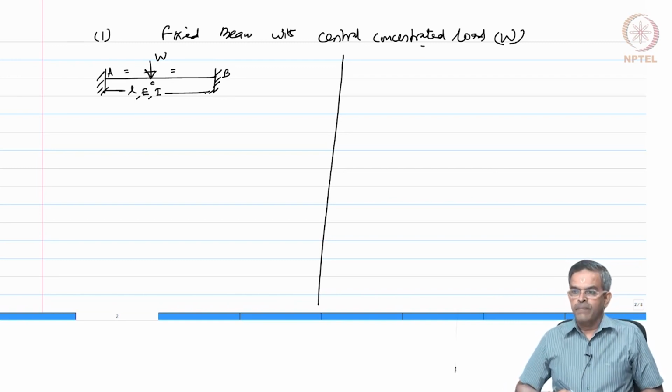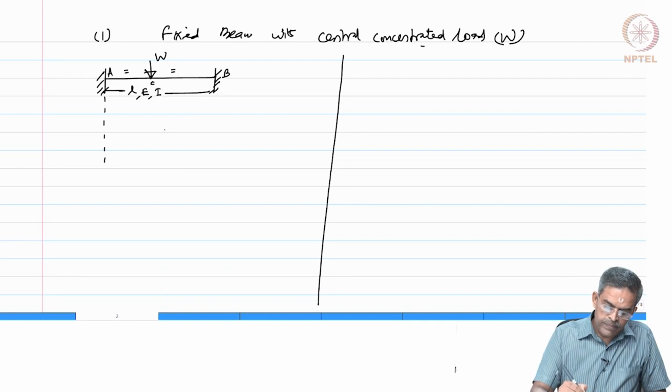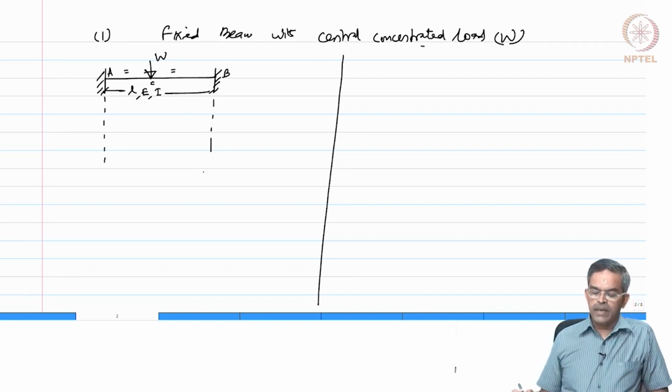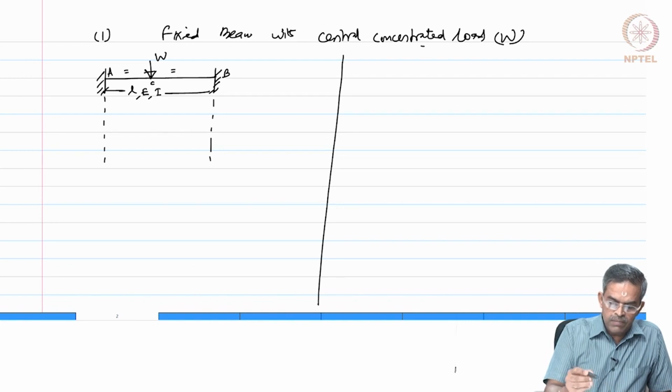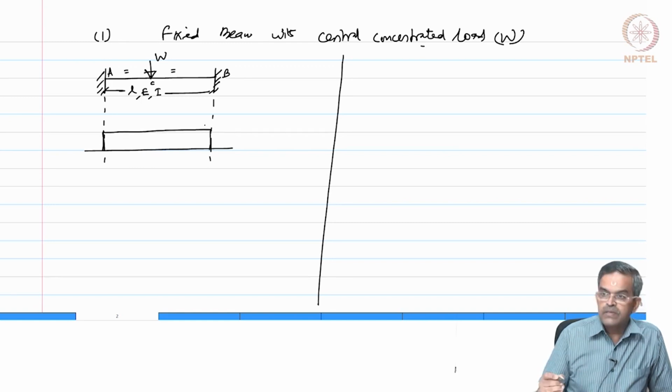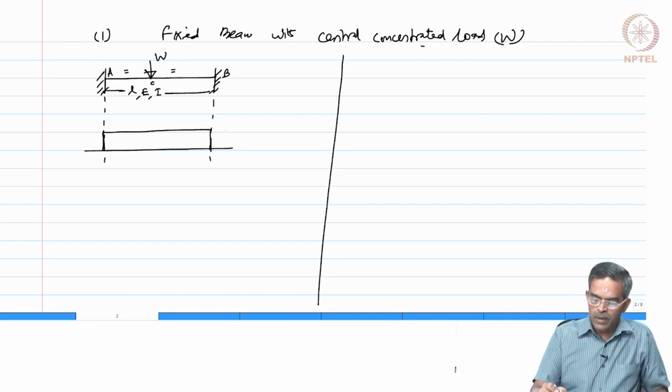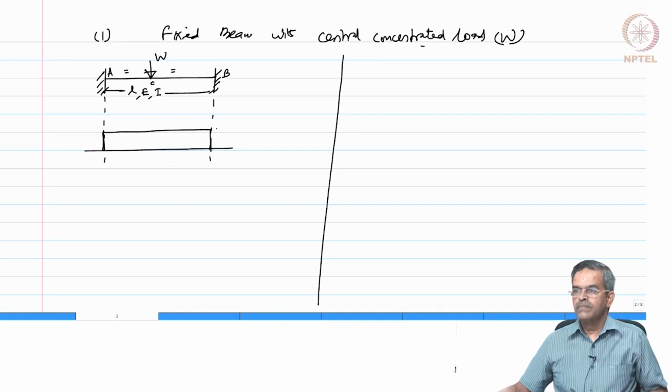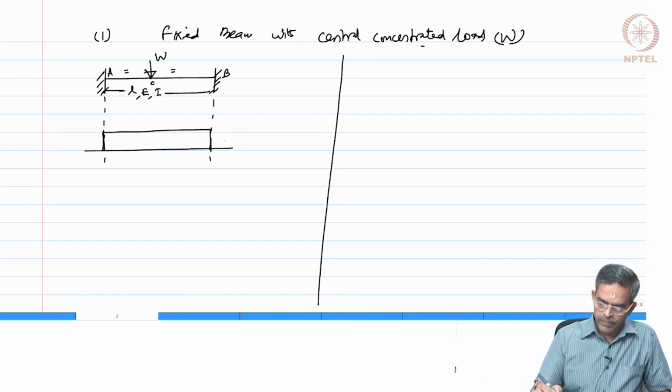So, as per the static theorem, we have first to draw the admissible bending moment diagram. So, how do we do that? For a fixed beam, we know if this is my baseline, there is a fixed end moment which is equal to WL by 8.